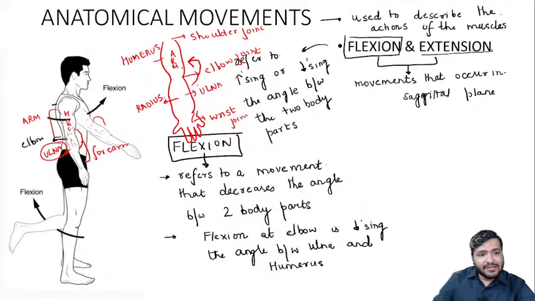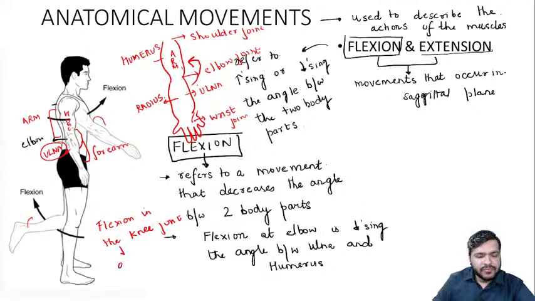Apart from that, if you ask me, sir, what is flexion in the lower limb? Flexion in the knee joint: you can see the ankle region will try to move closer to the buttock region.